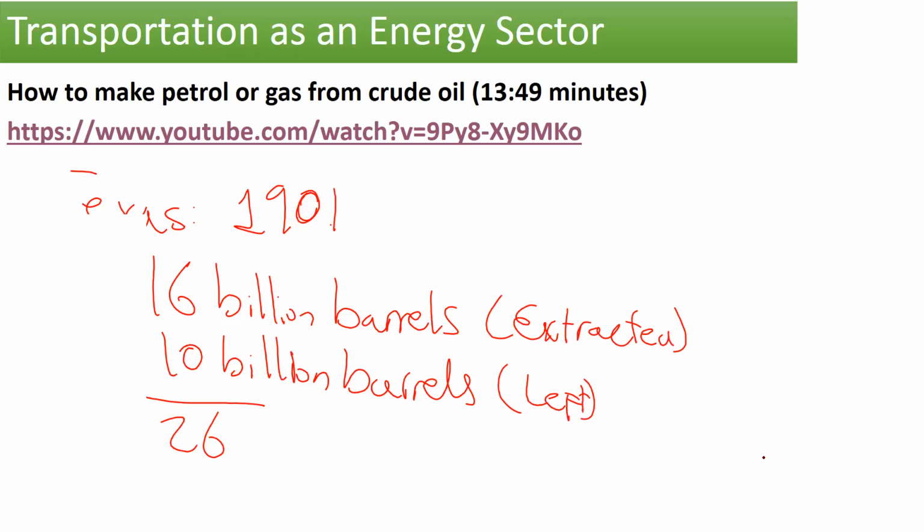If we do a simple math, this is equal to 40% left. Okay? And in order to have 26 billion, how many years happened? That's what they have to say.